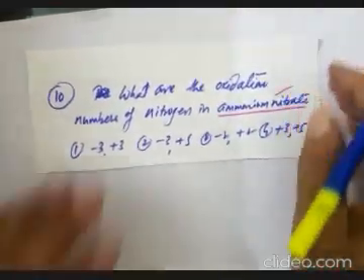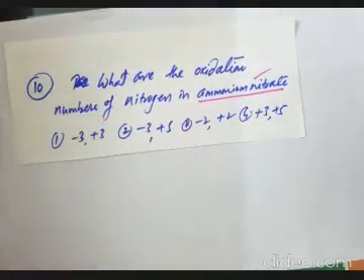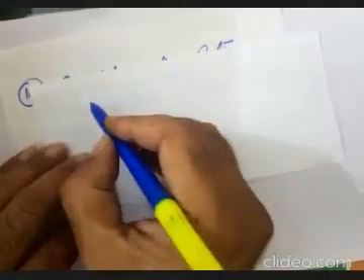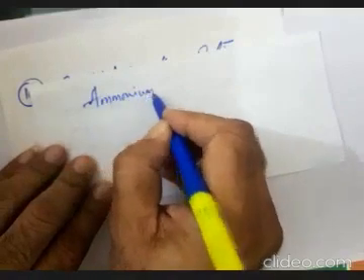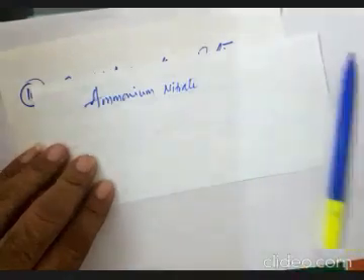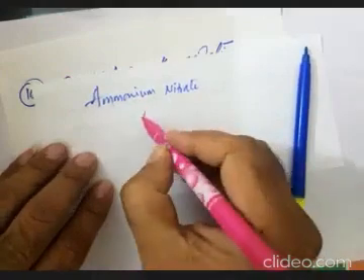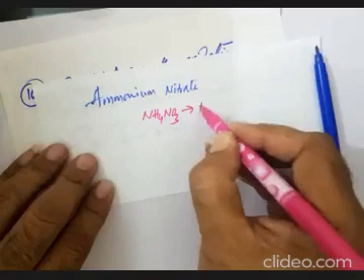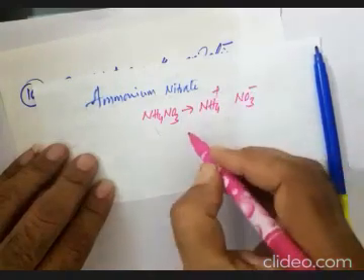Similarly, you take another question, ammonium nitrate. What is the formula of ammonium nitrate? NH4NO3. NH4NO3 gives rise to NH4+ and NO3-.